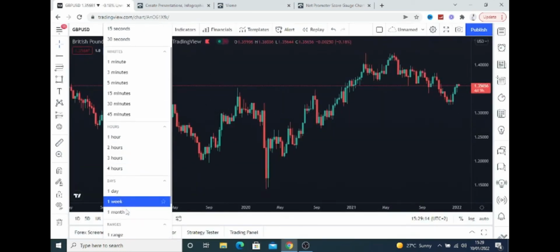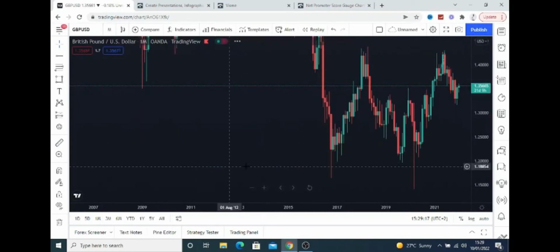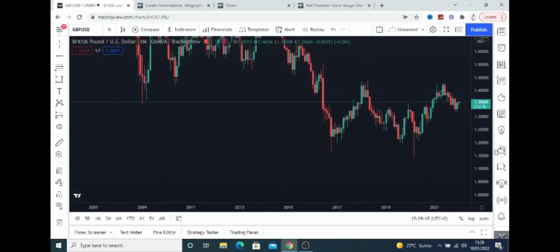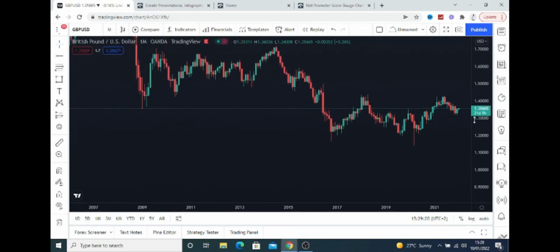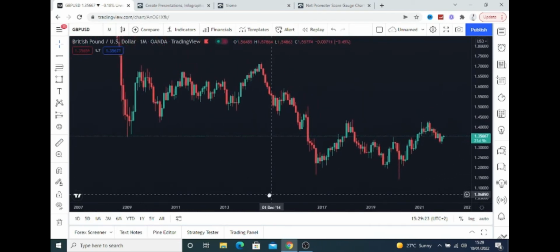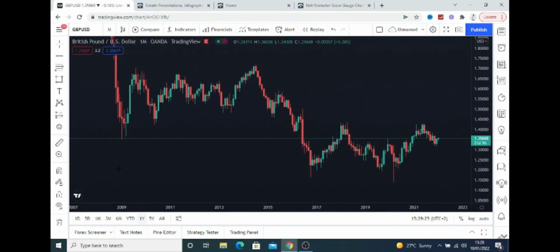Go to the monthly time frame. Okay, let's go to the far left. We're seeing that when the price came here, it rejected this area, and we're seeing these long wicks that are rejecting this area.